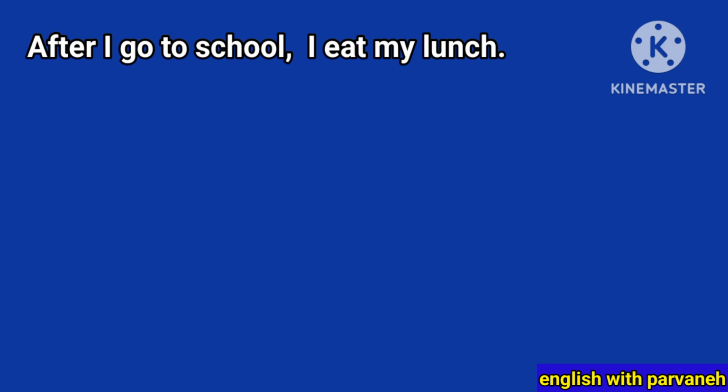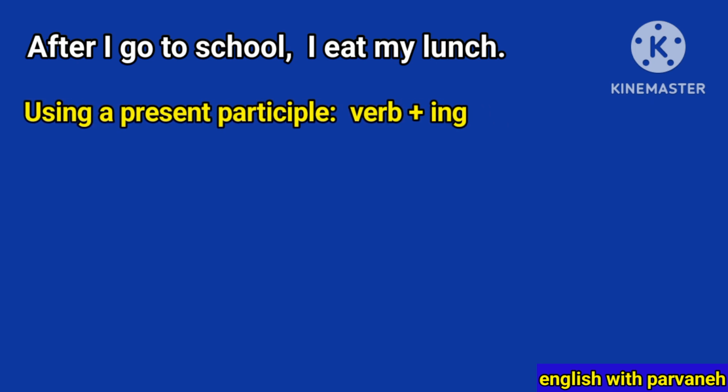Look at this example. After I go to school, I eat my lunch. Both verbs are in present tense, go and eat. Can we use present participle to make the sentence more professional by adding ing to one of these verbs? Yes.